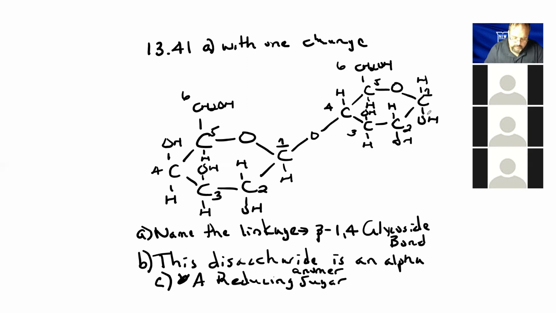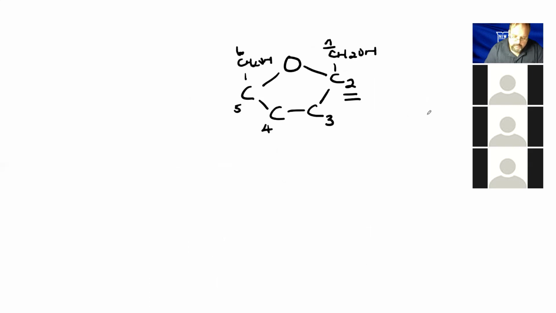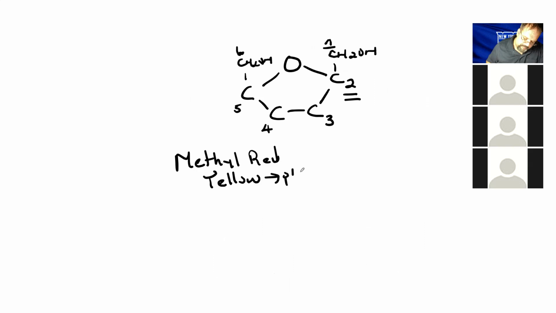Go ahead. How would you know if the protein reached the isoelectric point? Okay, so if you look at the lab itself, it talks about methyl red. When you add methyl red to something and it turns yellow, you have a pH of a certain value.